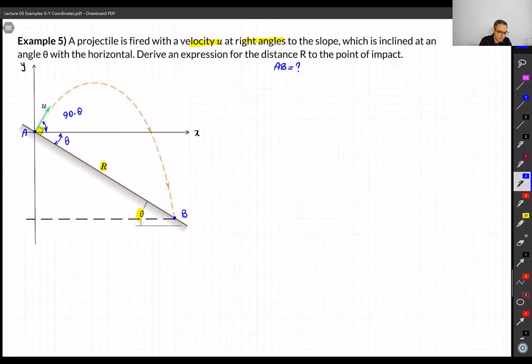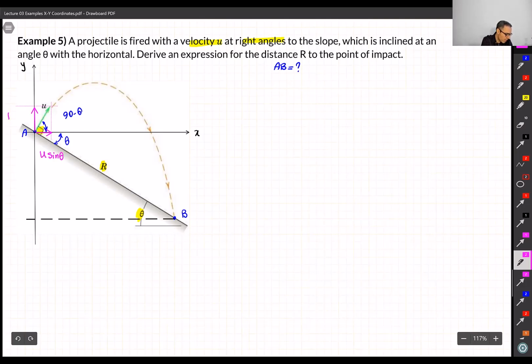Now let's get the component of these u, all right? So the component in x and the component in y direction. So what do I have in x and what do I have in y direction? So in x direction, I'm going to get u sine theta.